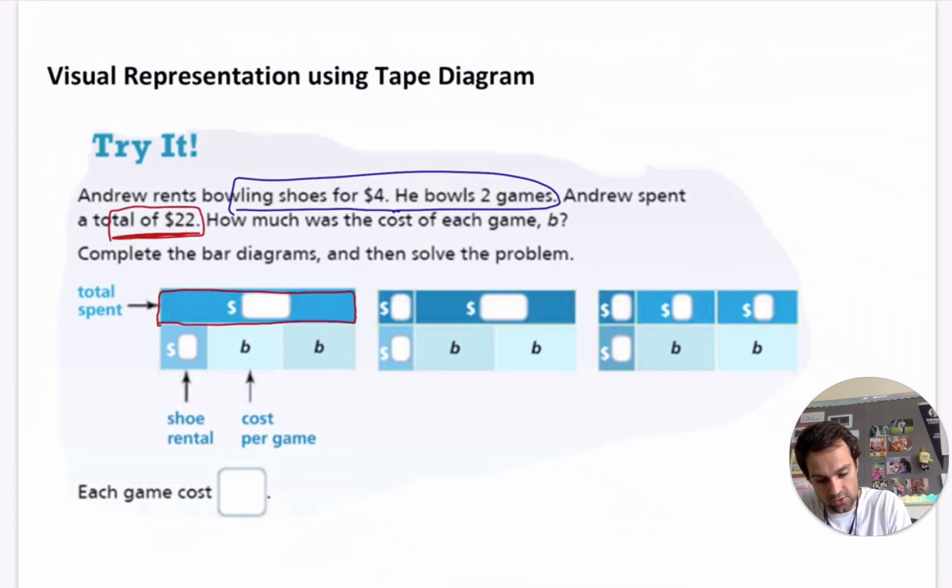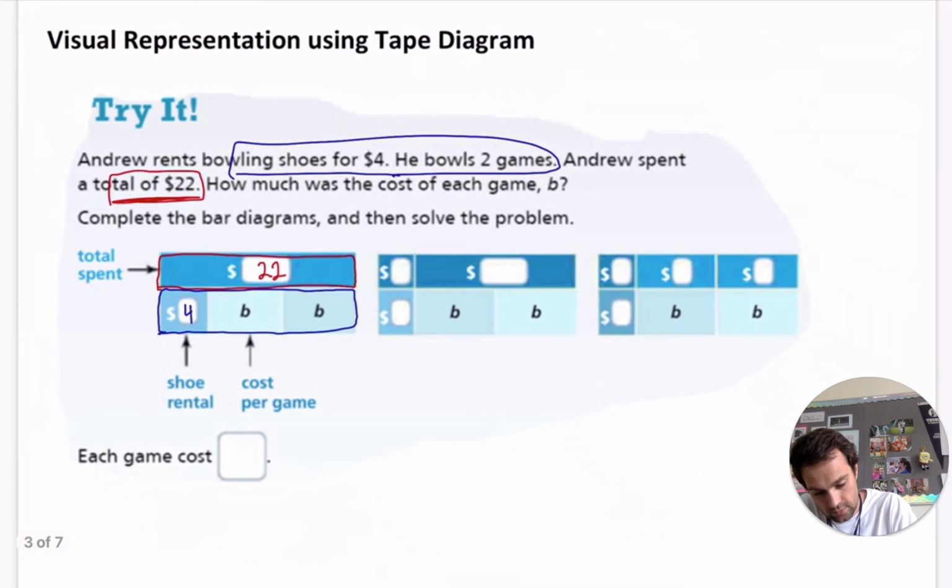We know that our total cost is 22. He bowls 2 games, so he bowled game 1 and game 2, and the shoe rental is 4. So that is how they split this up. This whole region here has to be the same as 22.